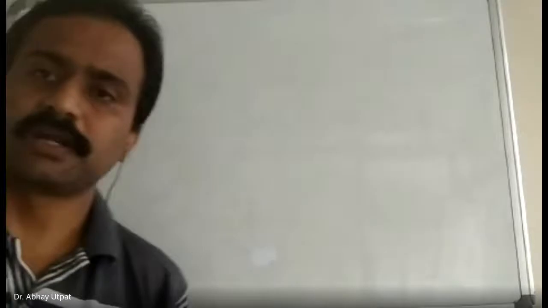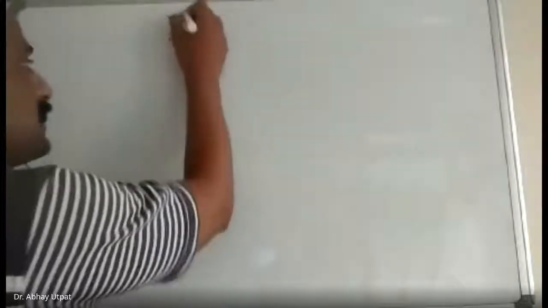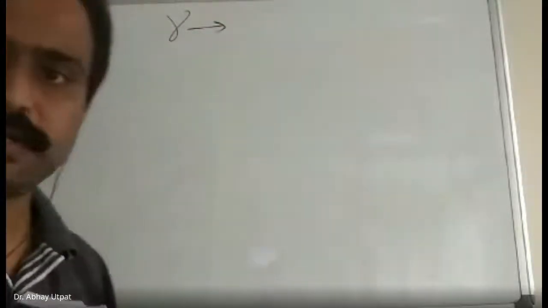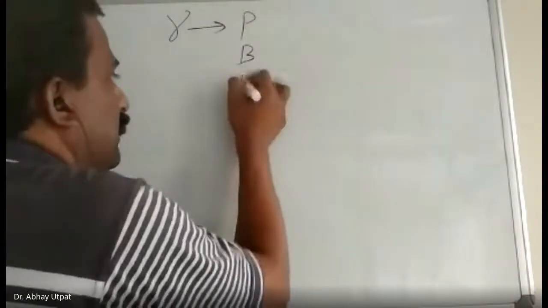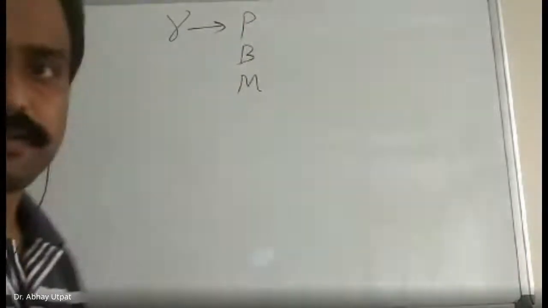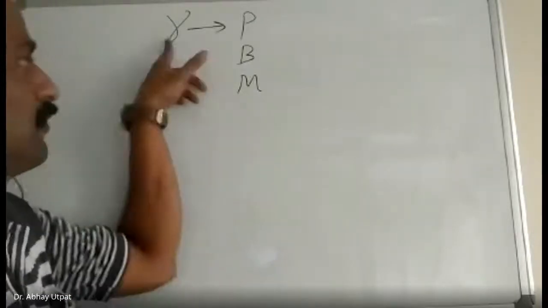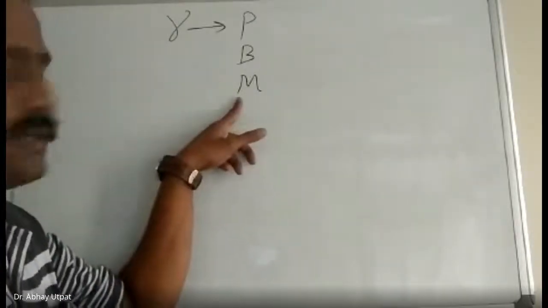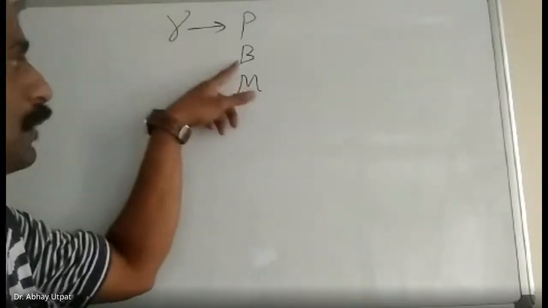Now, in this chapter, we have started with formation of austenite. Austenite is the parent phase. Austenite is converted into pearlite, bainite, or martensite. If you cool very fast, austenite will convert into martensite. If you cool at medium rate, austenite will convert into bainite.